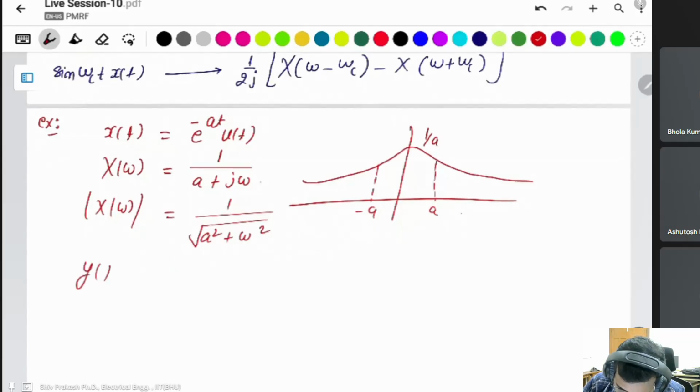Suppose in xt you multiply by a cos function. What happens in your frequency domain, and how can it change the shape or the nature of the signal?